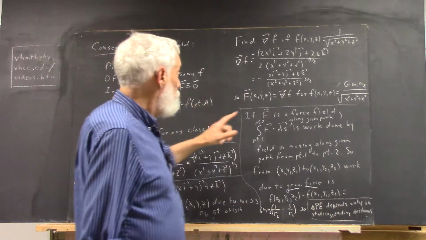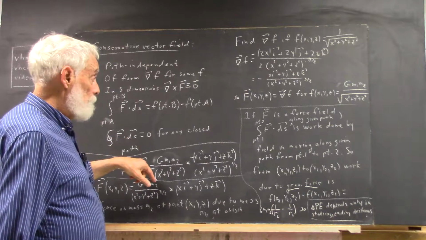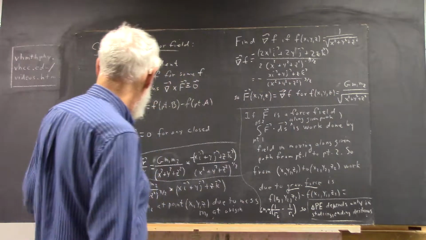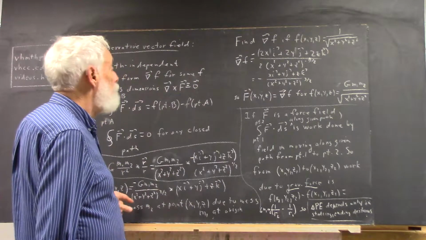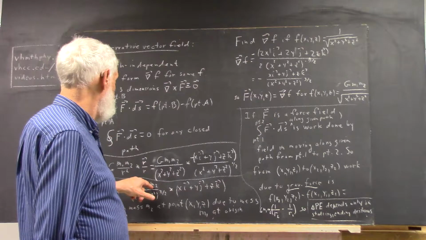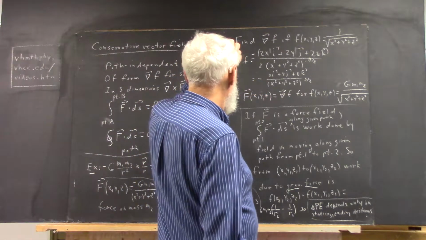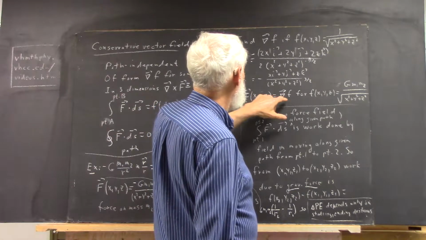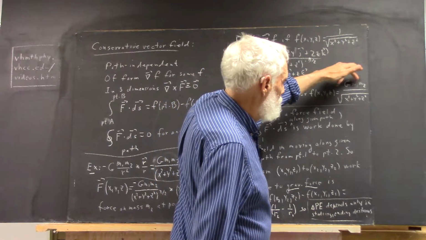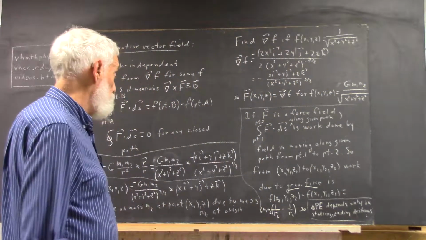So if we multiply this expression by big G, little m1, little m2, we're going to get our gravitational field. So our F of x, y, z is just negative G, little m1, little m2, multiplied by the gradient of this little f function. So this is the gradient of little f, if your little f is G m1 m2 over the square root of x squared plus y squared plus z squared.